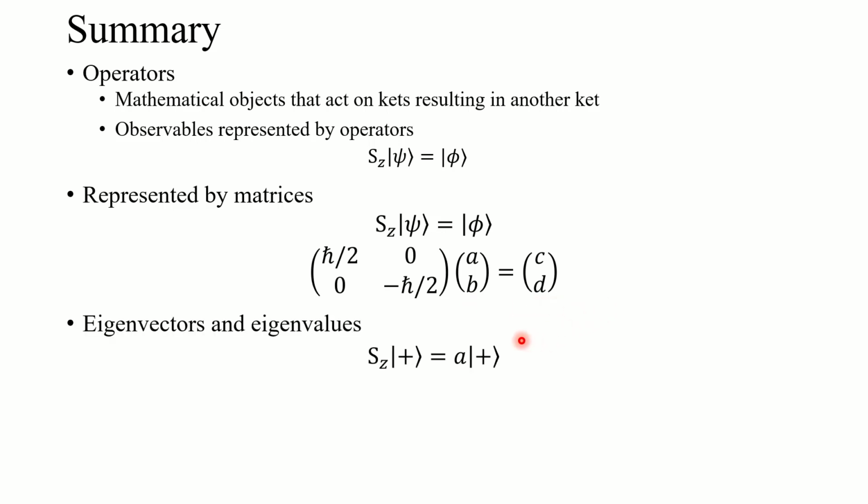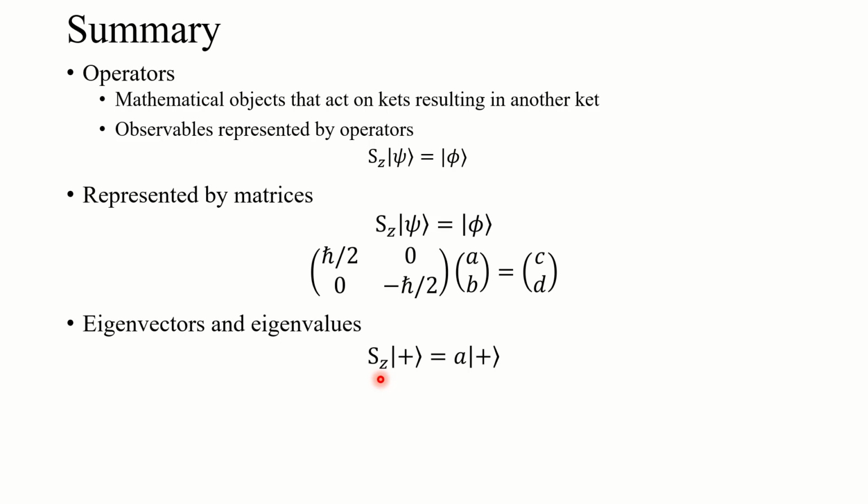The other thing we mentioned is that there are things called eigenvectors and eigenvalues for a given operator, where eigenvectors are kets that, when acted on by that operator, don't change. They're essentially the same ket with some multiplicative constant that's referred to as the eigenvalue.